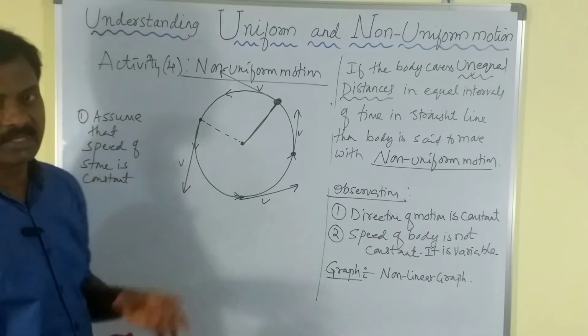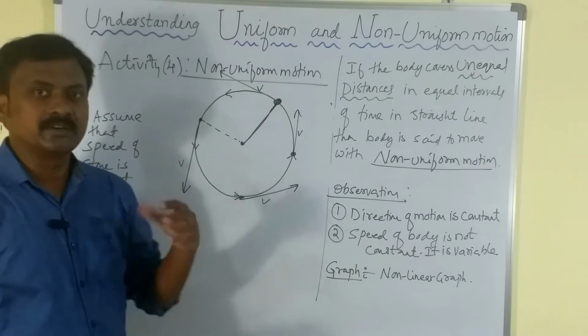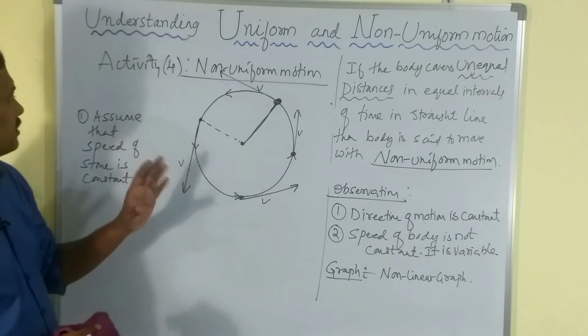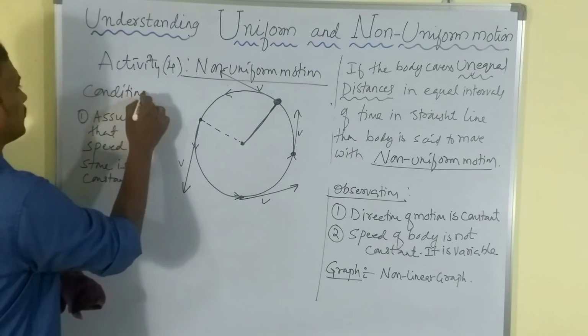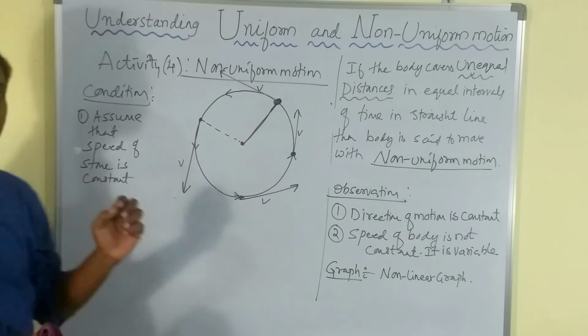It's not compulsory that it should be constant; while rotating, the speed may be changing. But here we have to maintain this condition: assume that the speed of the stone is constant.